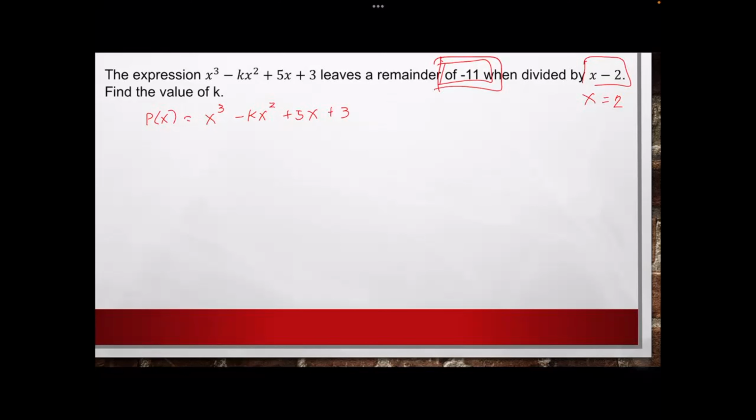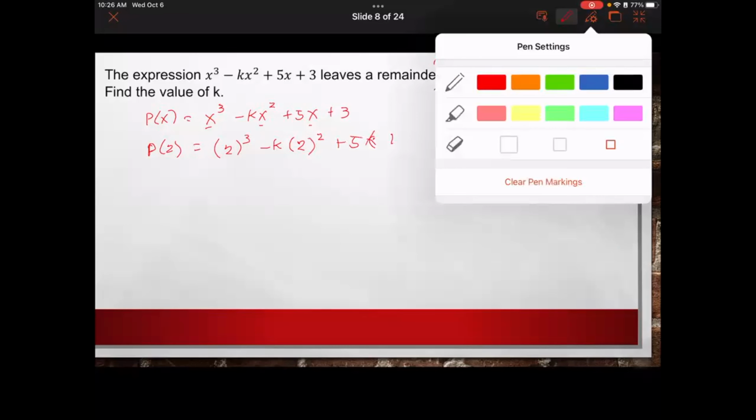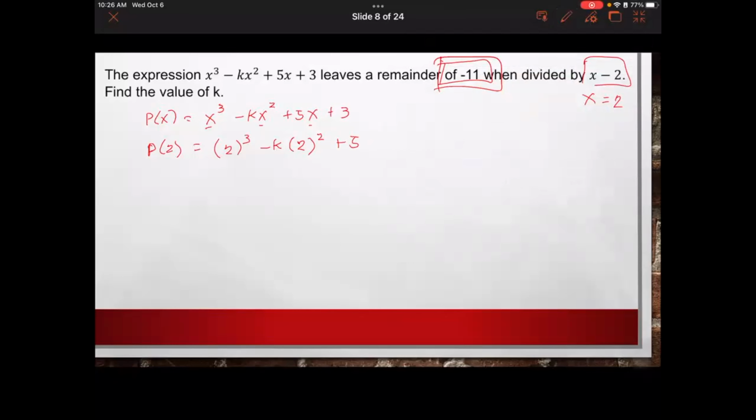So before that, let us palitan muna natin yung mga value ng x's natin. Yung papalit natin is positive 2. So the p of 2 is equal to 2 cubed minus k times 2 squared plus 5 times 2 plus 3.